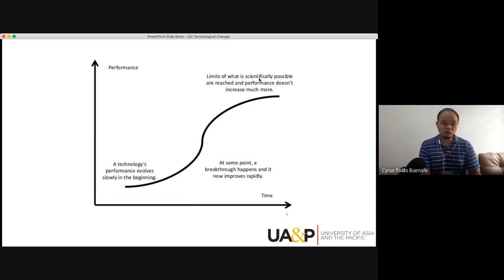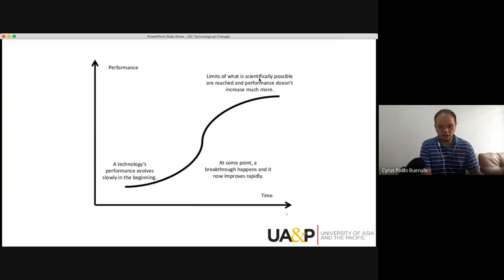And of course, from a trade-off theory as well, this is not the only technology you're working on. There could be other things. So, as a corollary to the limited number of resources, those resources that could have been used to improve the performance of this technology could have been moved somewhere else. So, necessarily, it will experience a plateau.